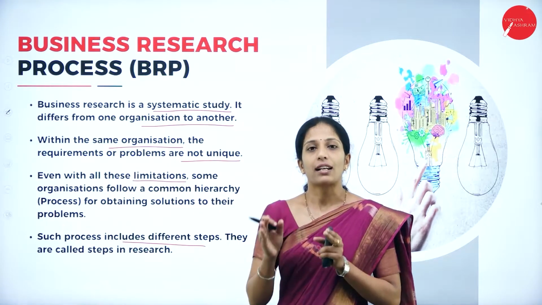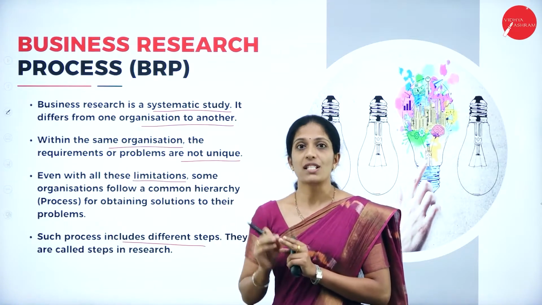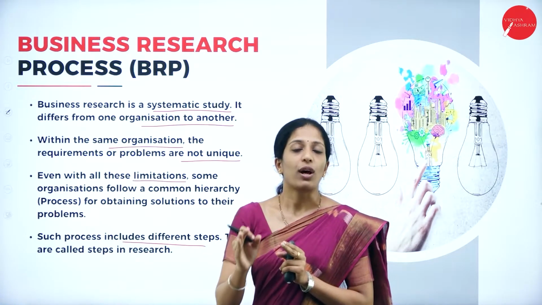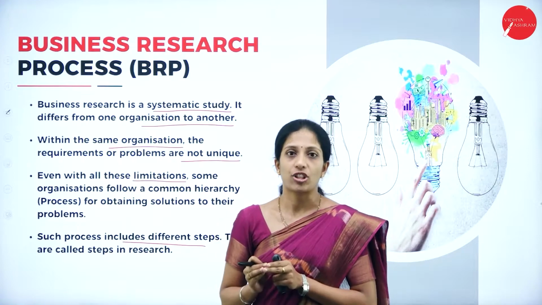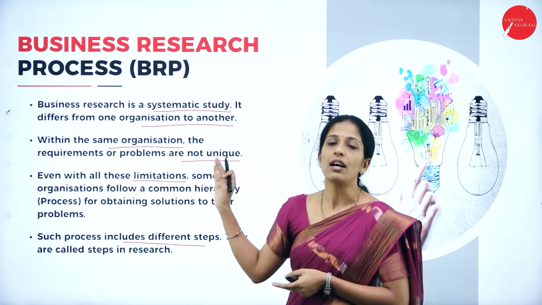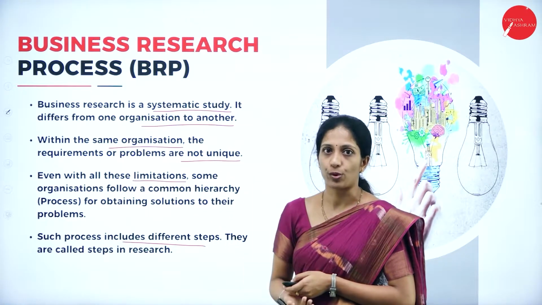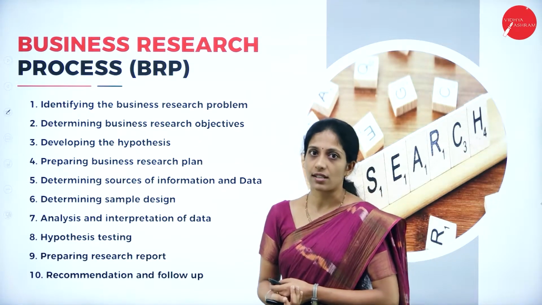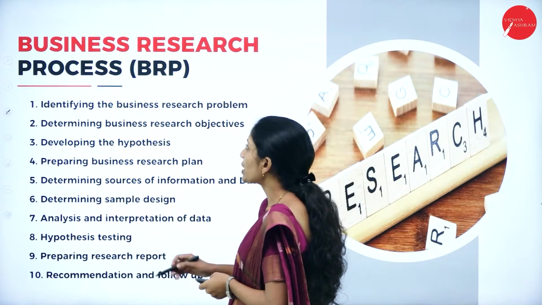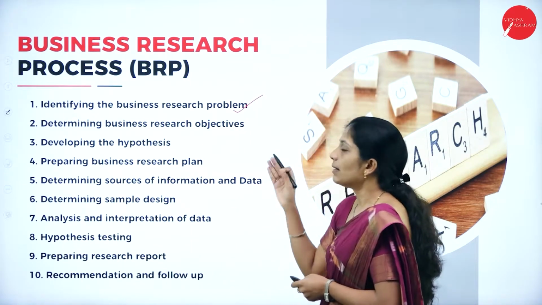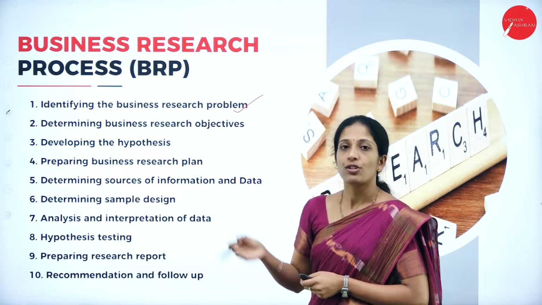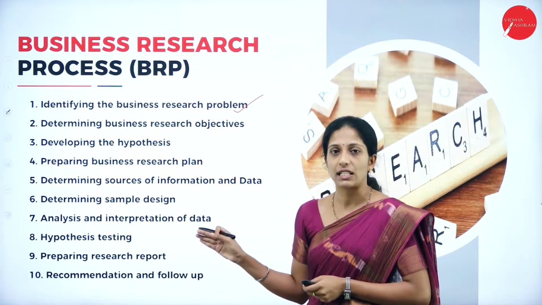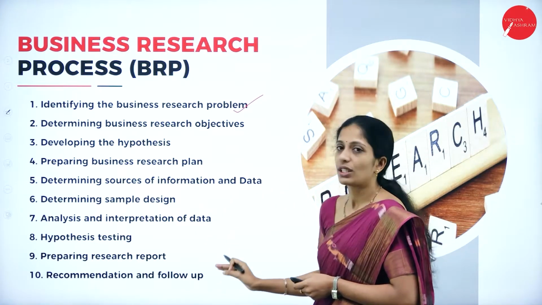Of course, the activity is different, the problem of one organization to another organization is different, but we have taken a common business research process. So, let us see what steps are included in the business research process. The first one is identifying the business research problem. We shall discuss all these points in detail. For now, go through this process.